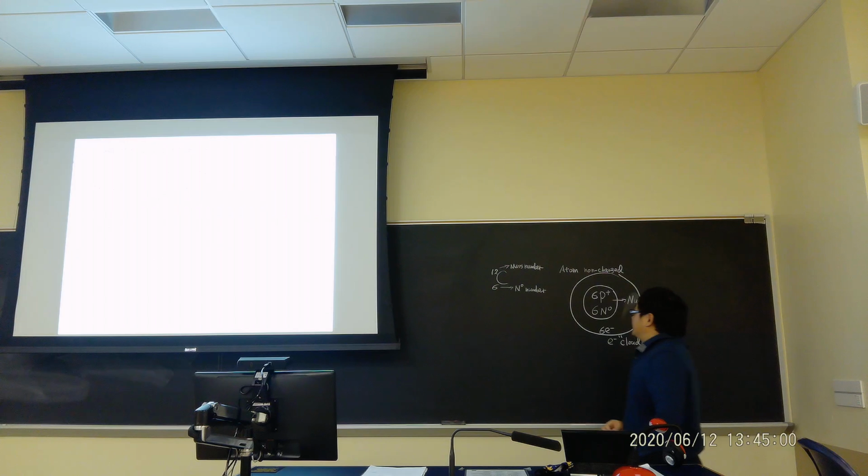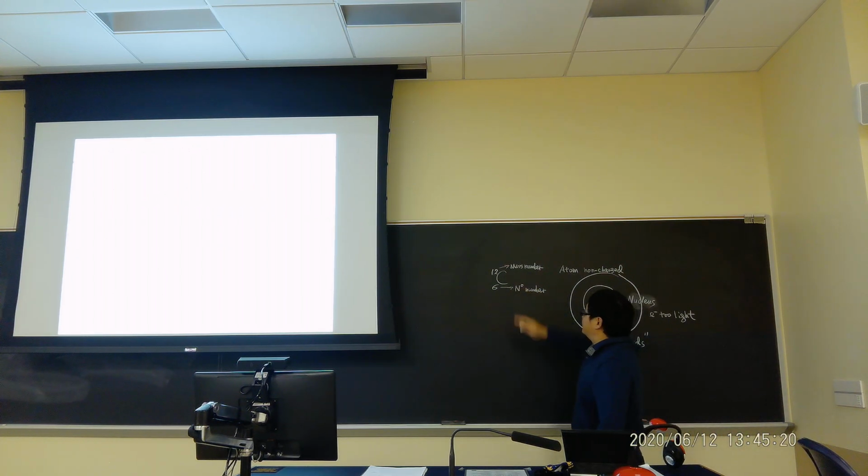Okay? And every time, the protons and the electrons should be the same number. Because the electron is too light, we do not take it into consideration for the mass amount, or mass number, of carbon.